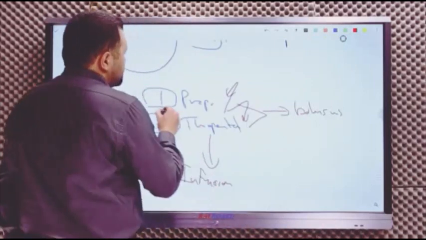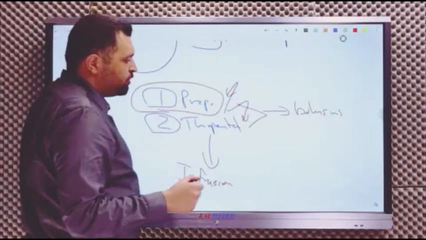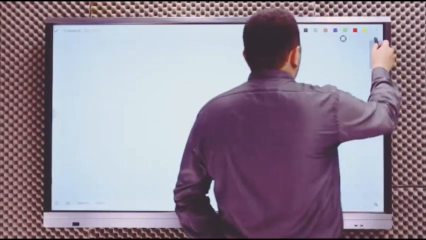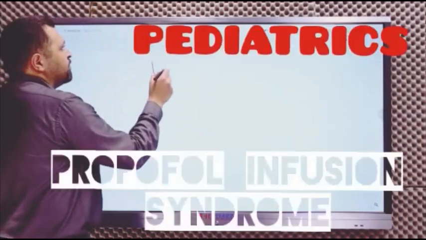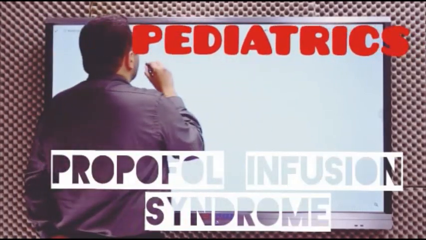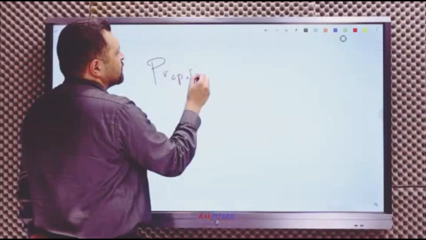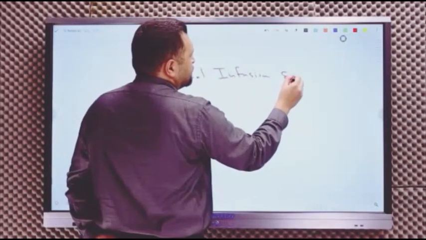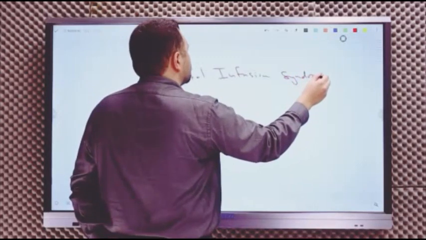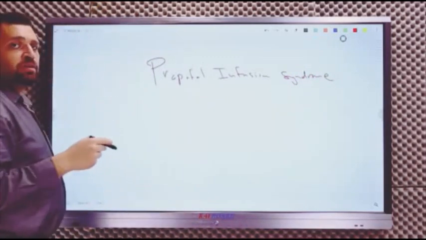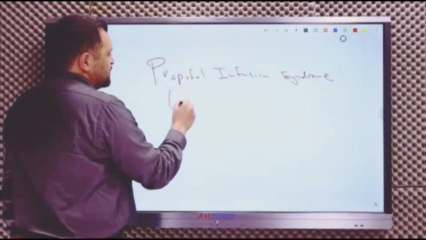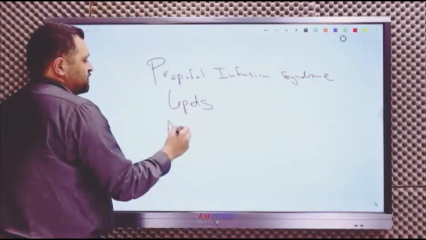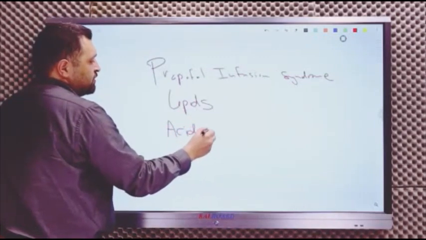But the problem here is with Propofol. If you give Propofol as an infusion for a long time, you will have something called Propofol infusion syndrome. In this syndrome, you will have increased lipids and you will have acidosis.